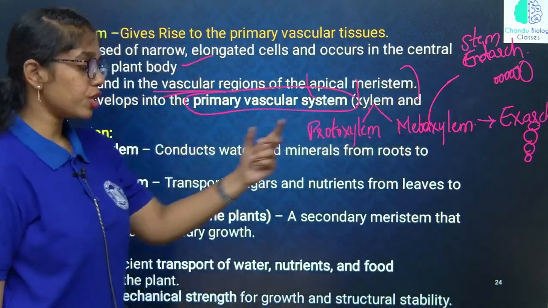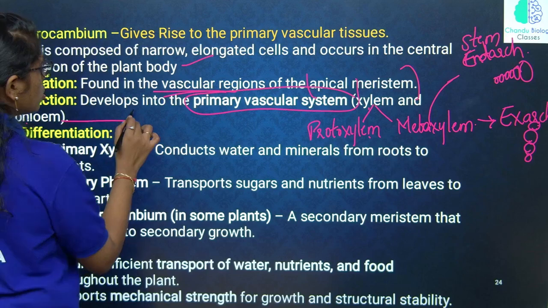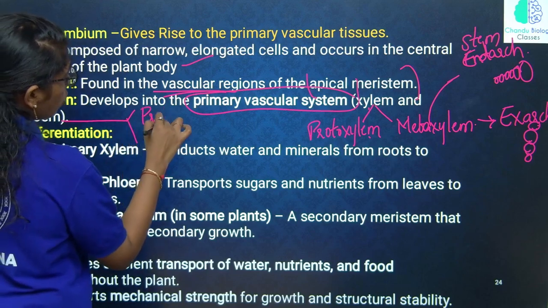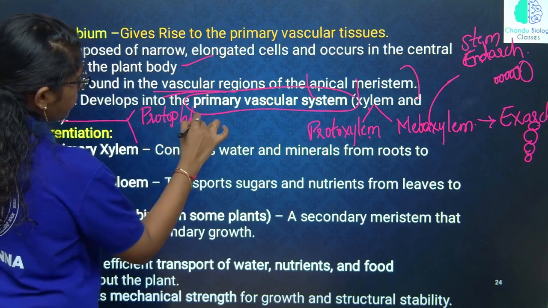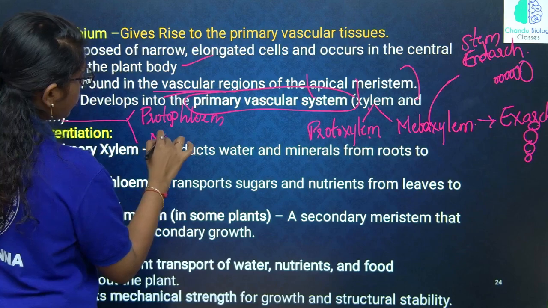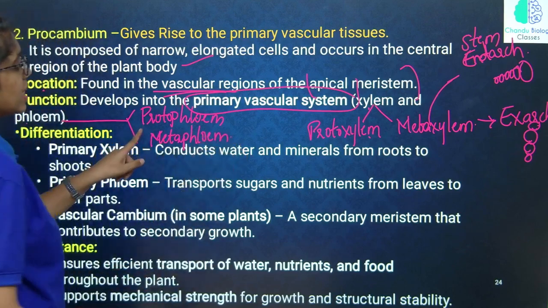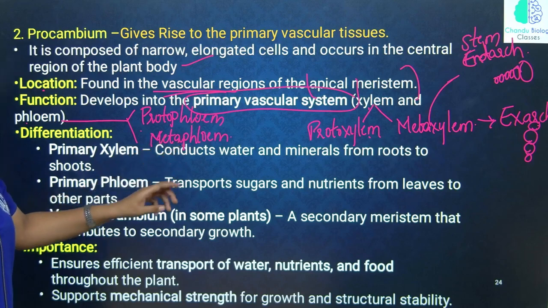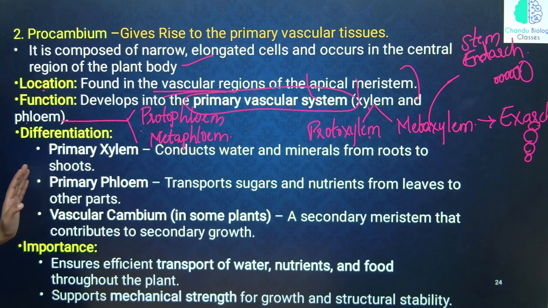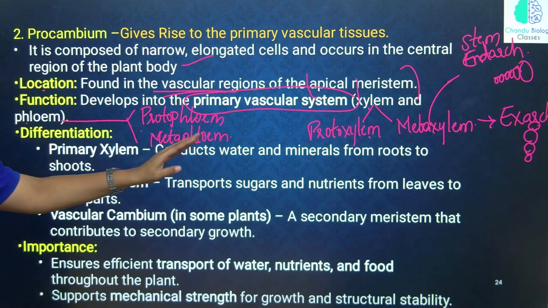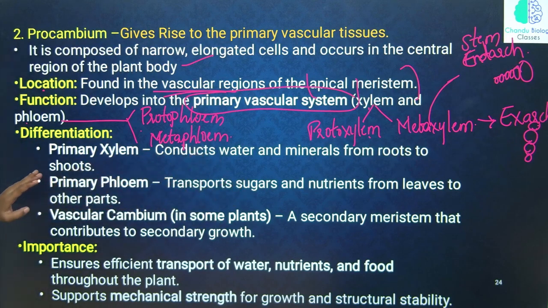The same pattern of arrangement you will see with respect to phloem also, which has protophloem and metaphloem. In protophloem, sieve tubes are narrow. In metaphloem, sieve tubes are broad. Okay. Basic differentiation: primary xylem will conduct water and minerals from roots to the shoot.